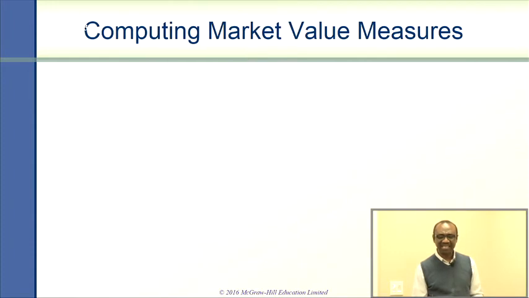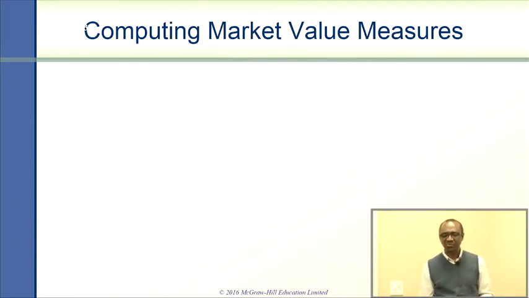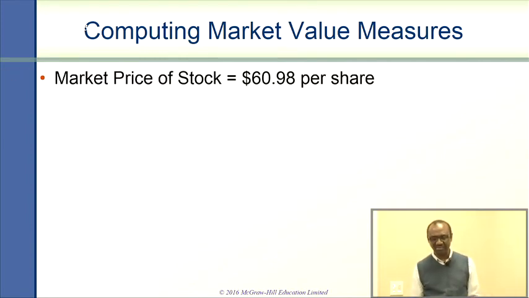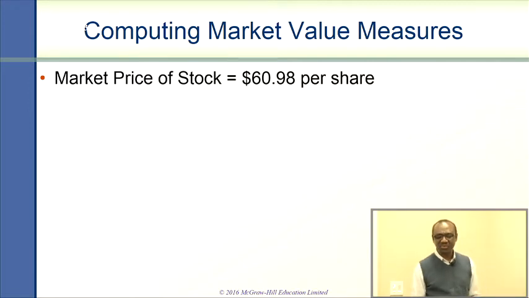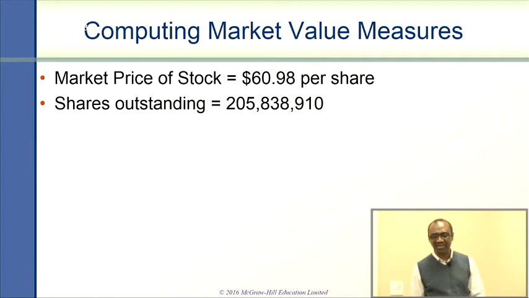And finally, we look at the market value measures, which look at the price and the earnings capacity of the company. The market price per share will be given, and then we can calculate other ones. Equally, shares outstanding will be given based on the number of shares that we have in issue, and based on that we can now calculate other ones.